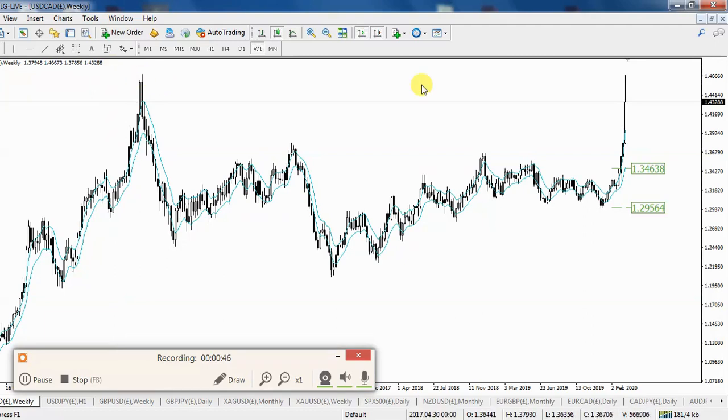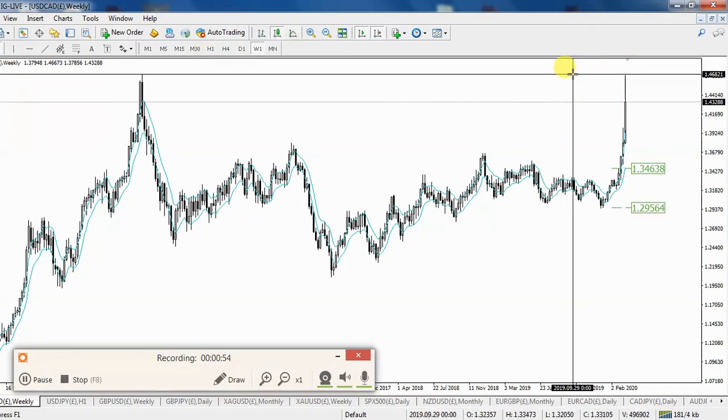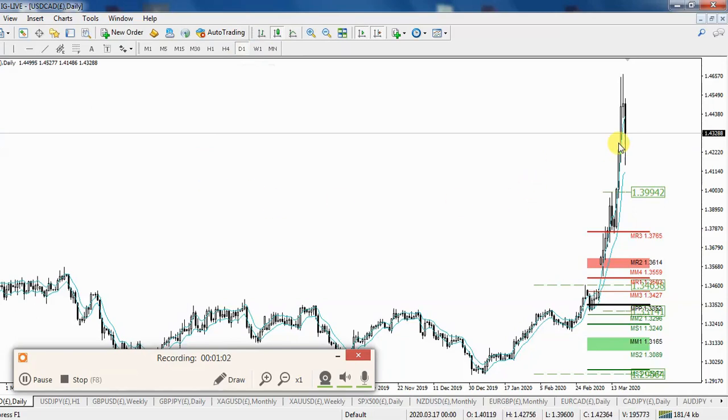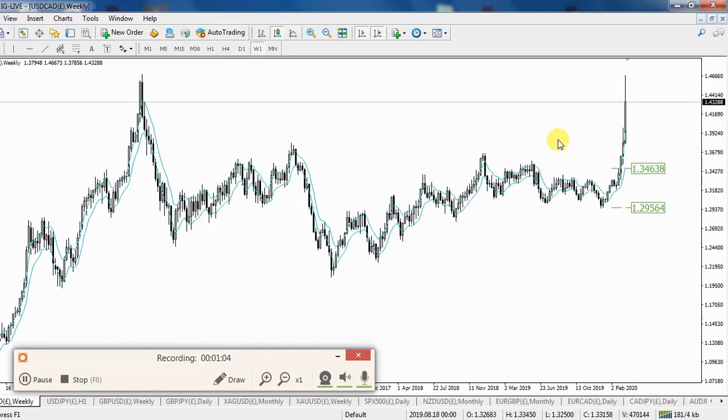On the line it looks very close, but because this is a higher time frame, it's actually about 100 to just over 200 pips away.